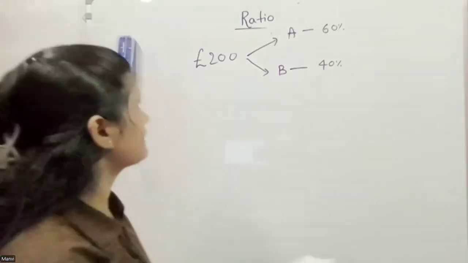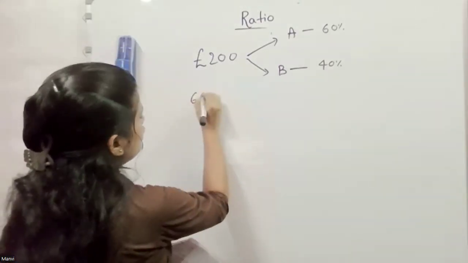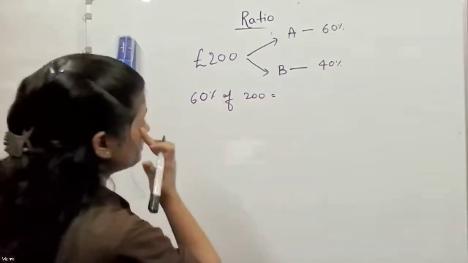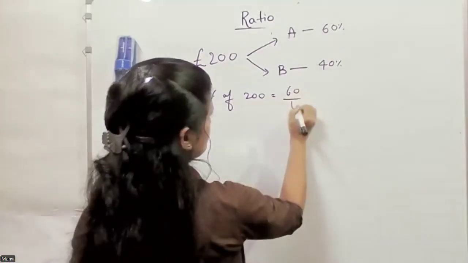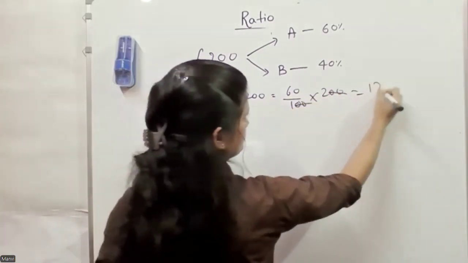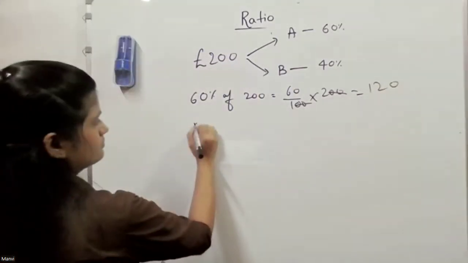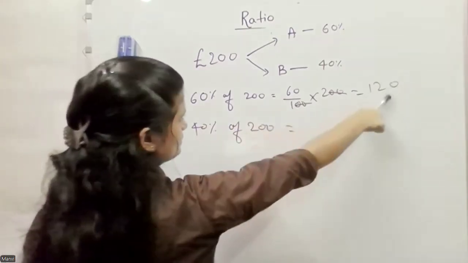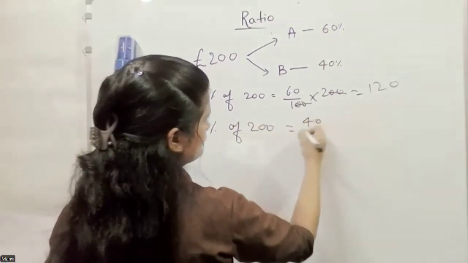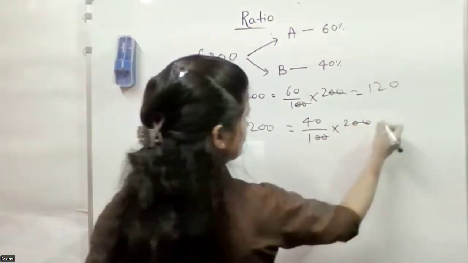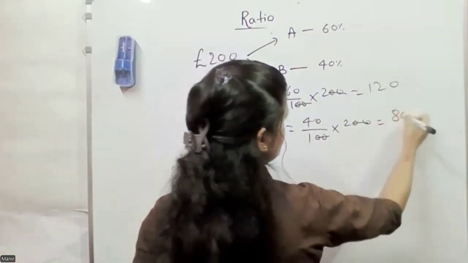So first calculate 60% of 200. This equals 60 by 100 times 200, and that will give you 120 pounds. And for 40 by 100, this will give us 80 pounds, right?